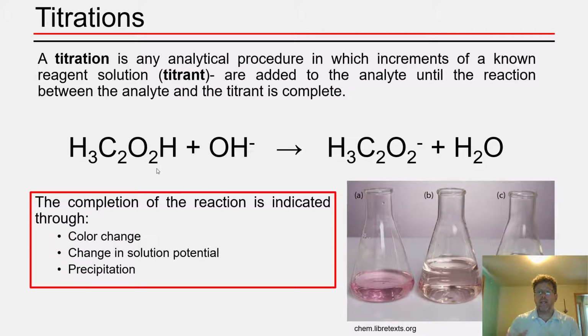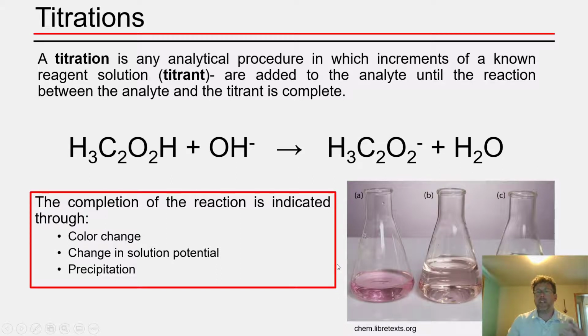When you design a titration, you have to add something additional to the reaction mixture so that you can spot the endpoint, the volume of titrant that you had to add to get a complete reaction with the analyte. And that titration endpoint is typically indicated through a color change, a change in solution potential if you're measuring the potential or the current in the reaction mixture with an electrical probe, or the cessation of a precipitation reaction.